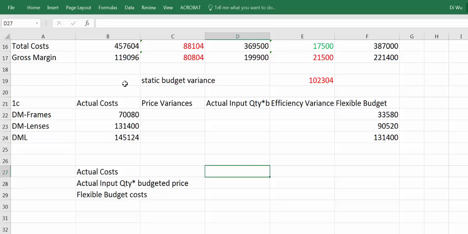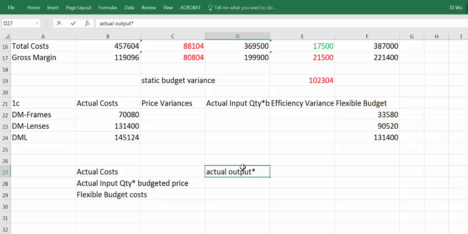For instance, for the actual cost, we are looking at the actual output, meaning how many final products. Then for every product, how many units of inputs or resources? Could it be labor? Could it be material?